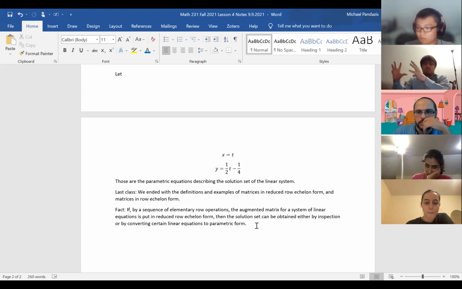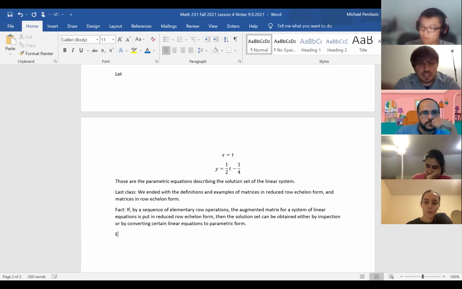If you get that matrix to reduced row echelon form, you either see what the solutions are, or you look at the equations represented by that matrix and you express them in parametric equations. Those parametric equations describe infinitely many solutions to your linear system. But we're going to do examples, and they will hopefully illustrate this better.